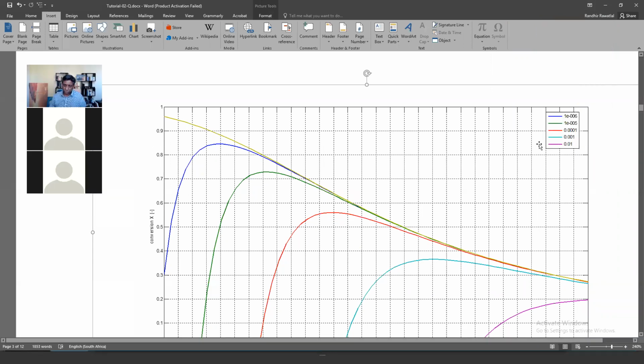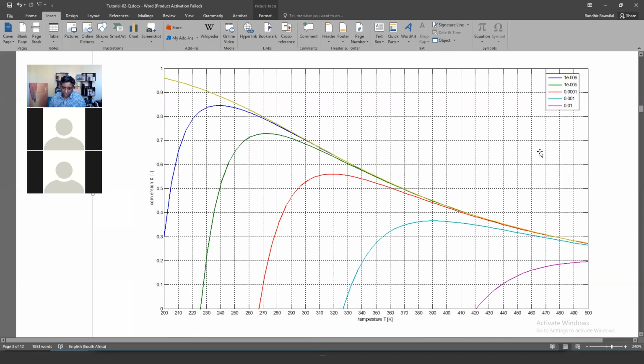Okay, so here you can see for 0.01 a nice high reaction rate. I know it's less than 1, but in SI units, this is actually quite a high reaction rate. So you've got a high reaction rate here, and then you've got a lower one, and then a lower one still, and lower and lower.